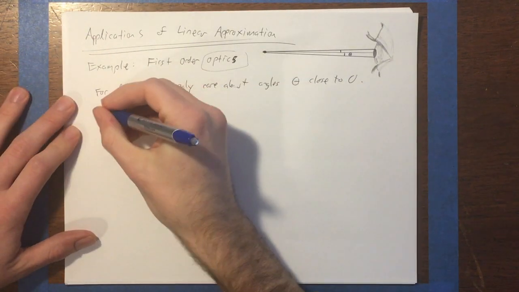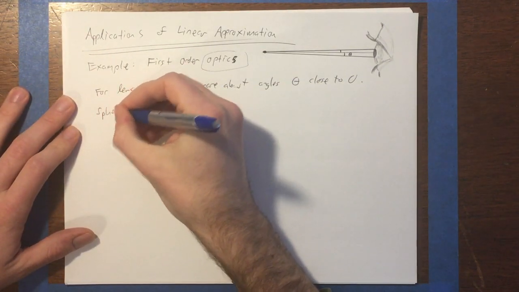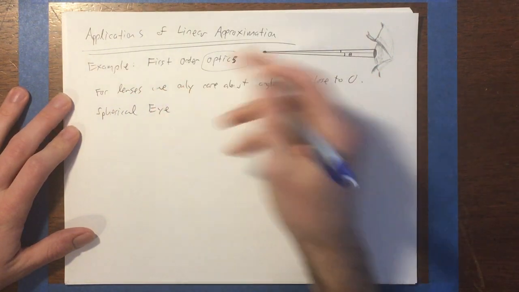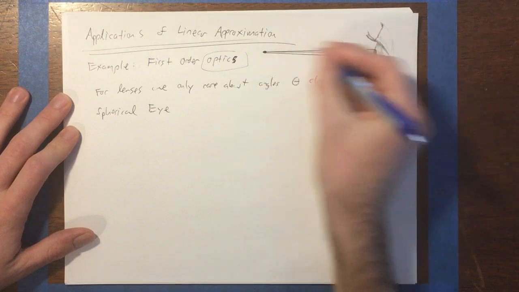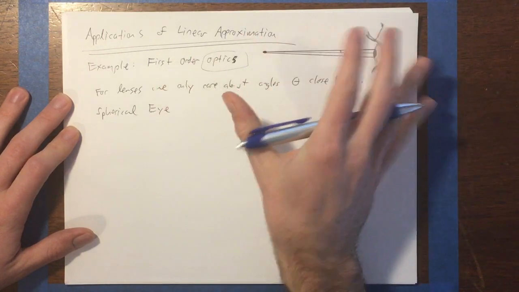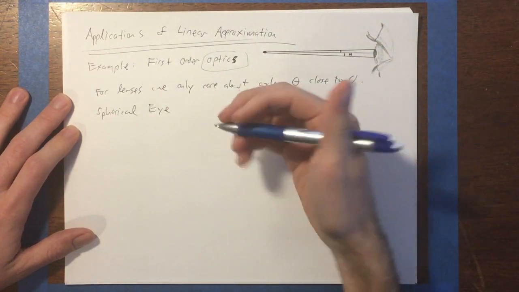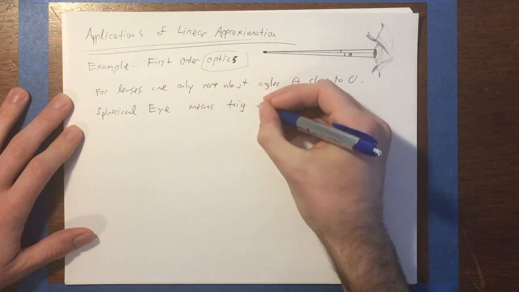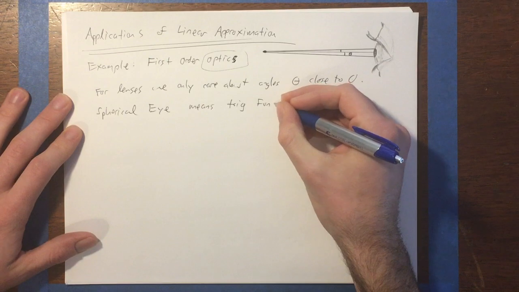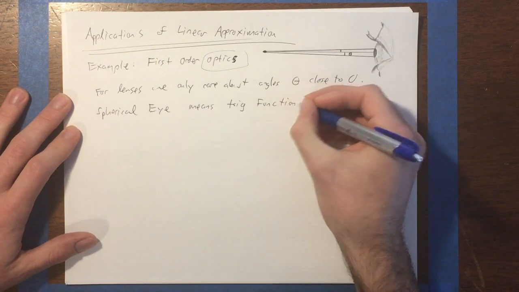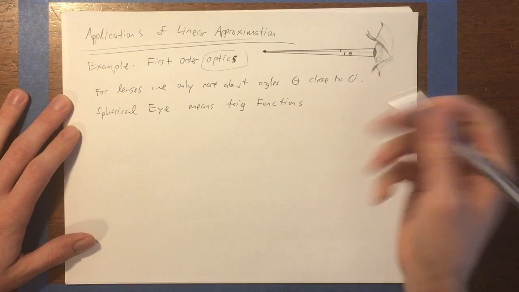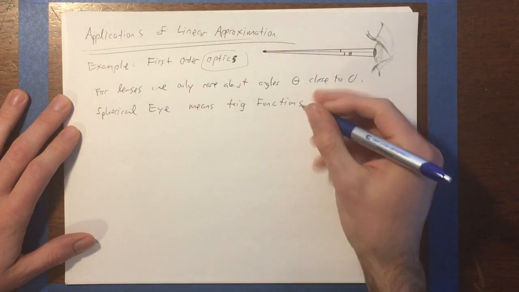Now, since your eye is spherical, and the fact that this is points radiating out from a single point, both of those things mean that this is going to involve trig functions. I'm not going to get into the weeds. I'm not an expert on optics, so I'm not going to get into exactly what the equations are, but they're going to involve trigonometric functions.